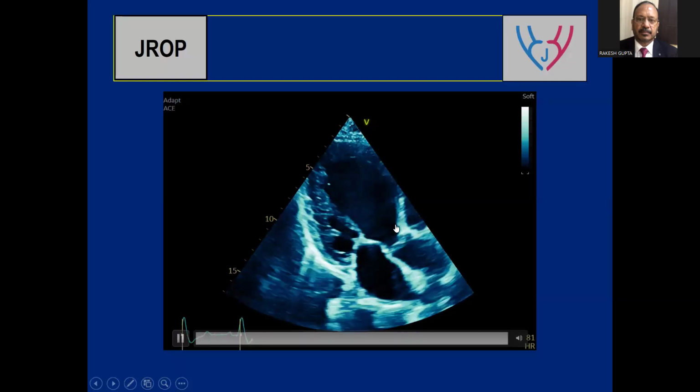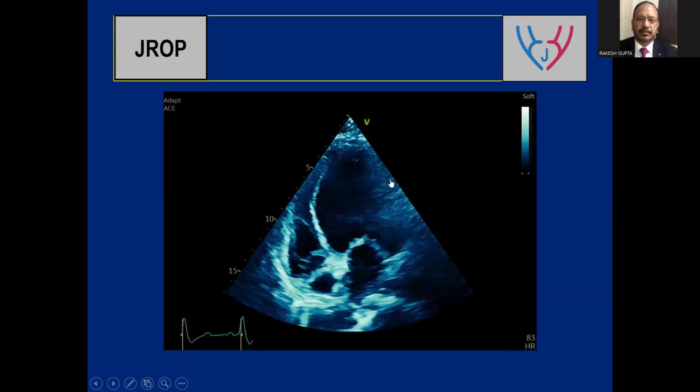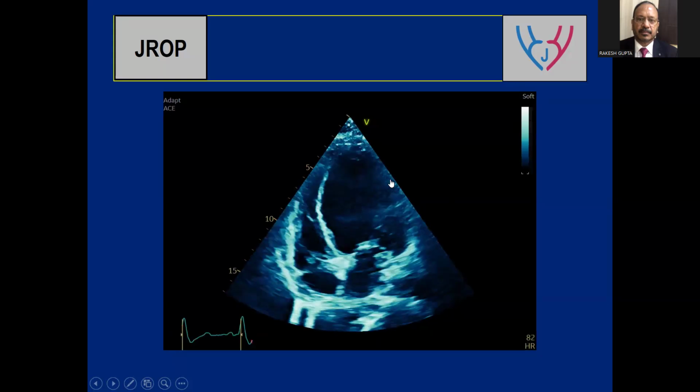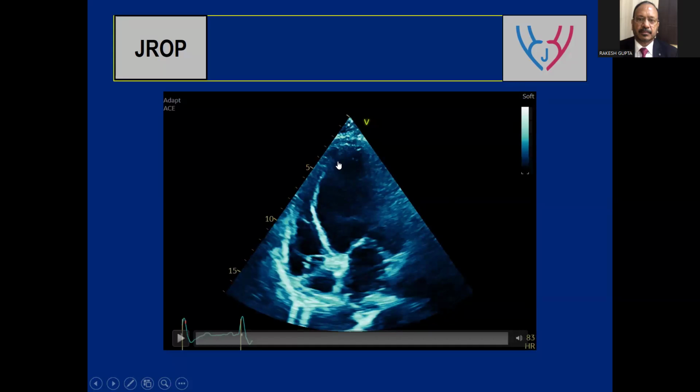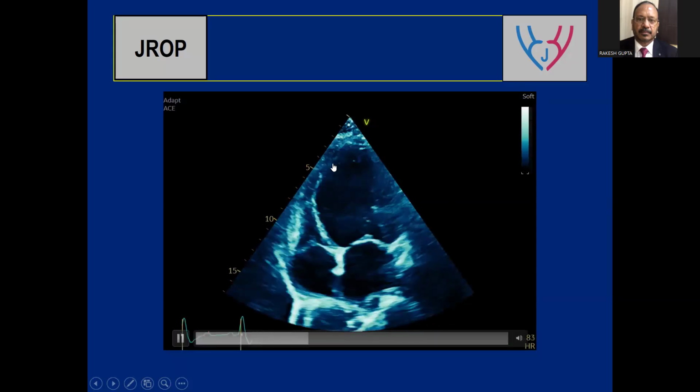How about this part? If we take this mid-anterior septum, which is not contracting, and then we go on to see the apical septum, which is also not contracting, it is almost thinned out. Look at the basal inferior segment. It's thinned out, hyperechoic.